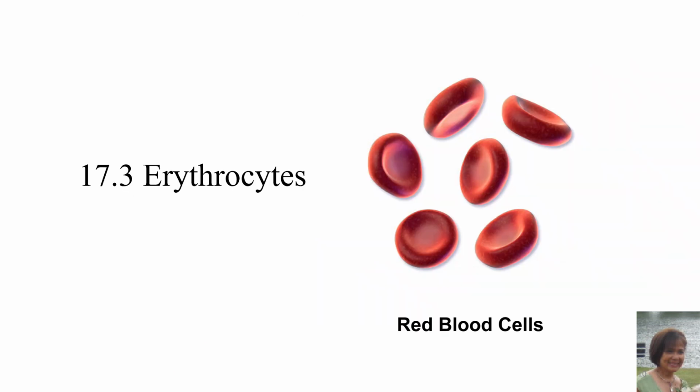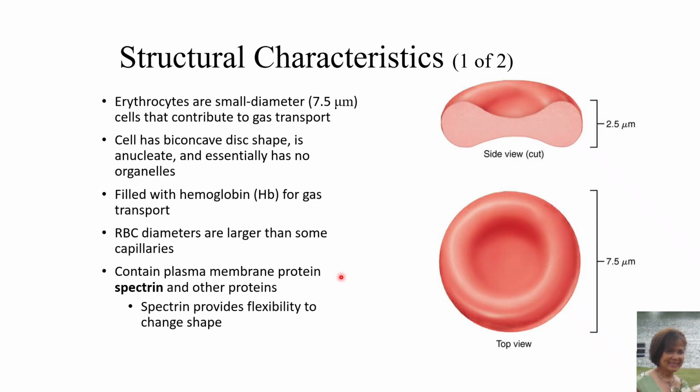So let's go and take a look at the red blood cells. The red blood cells are small. They're about 7.5 microns in diameter, and they are involved in gas transport. The cell is biconcave, and you could see it. The reason why it's biconcave is because the middle part is hollow.